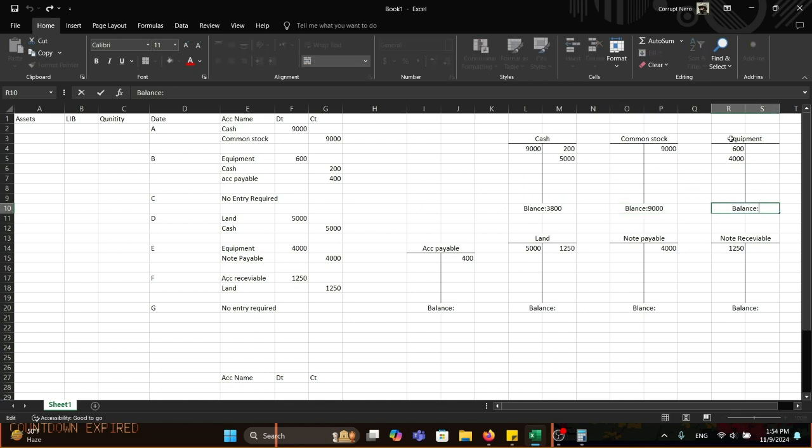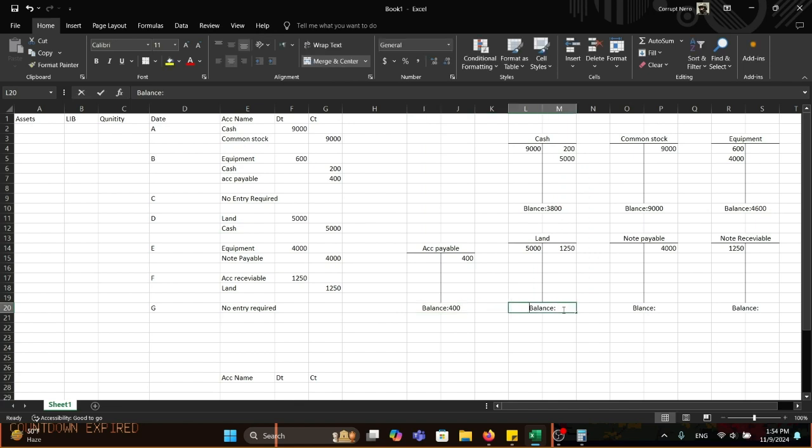And we have equipment. We only have it on the debit side, so we're gonna get it together. We're gonna collect this. This is 4,600. Account payable is gonna stay the same, 400. And in land, 5,000 minus 1,250.